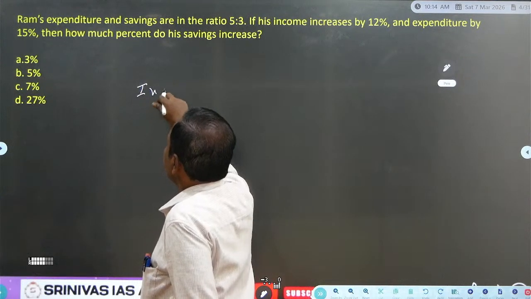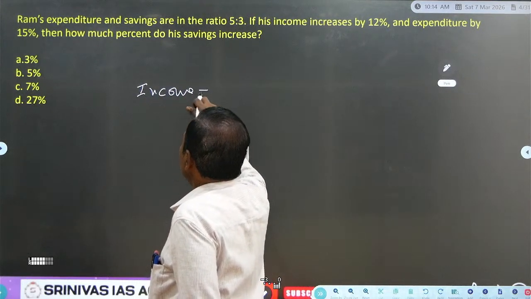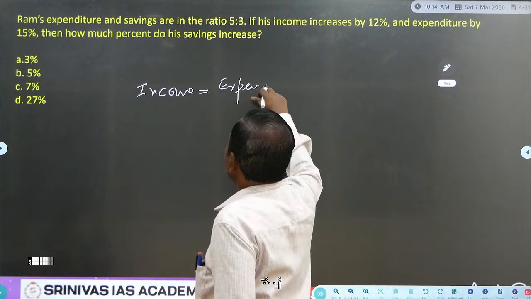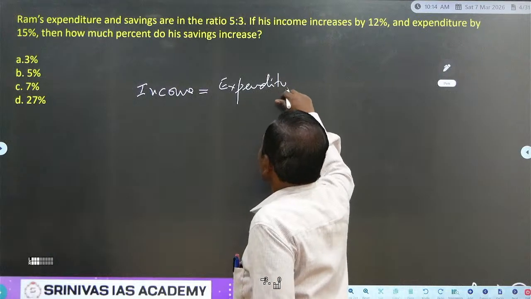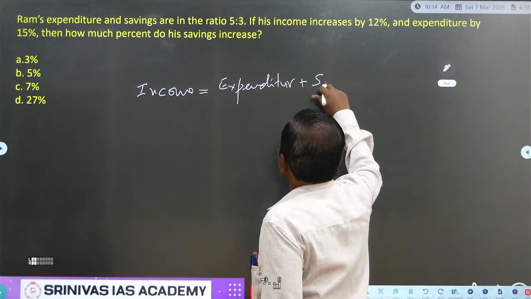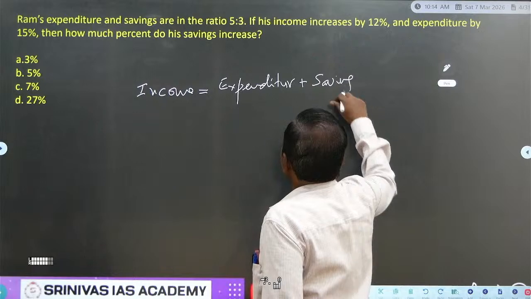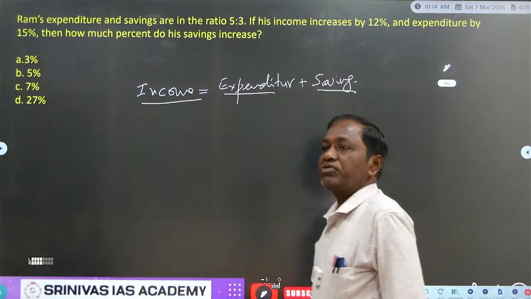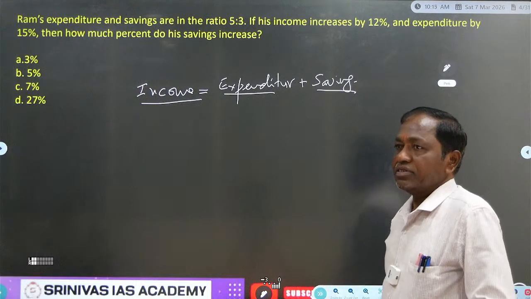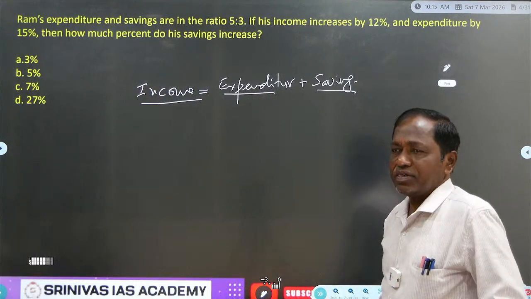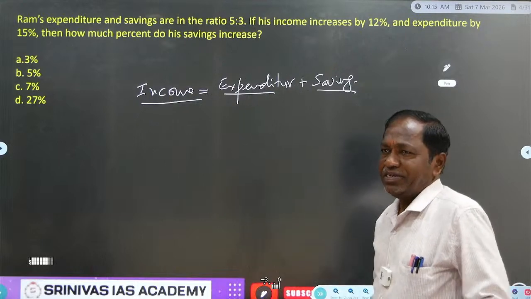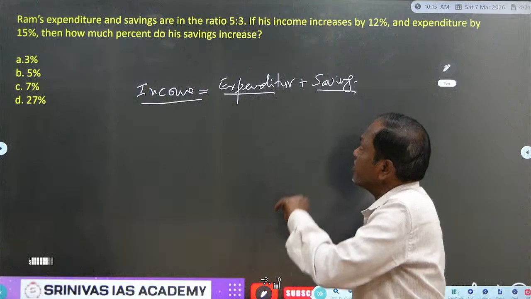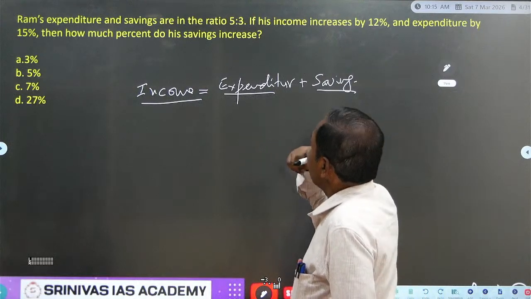What is the general rule? Income is equal to expenditure plus savings. In general terms we write income is equal to expenditure plus savings, or savings plus expenditure, either way.